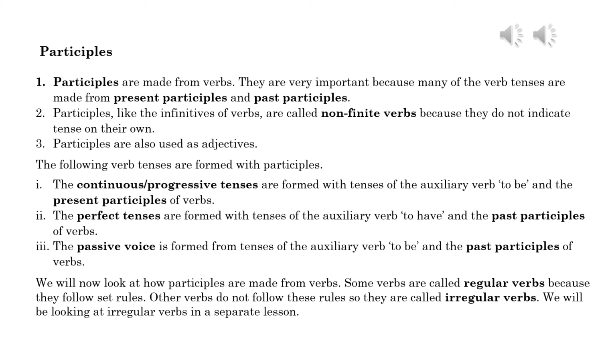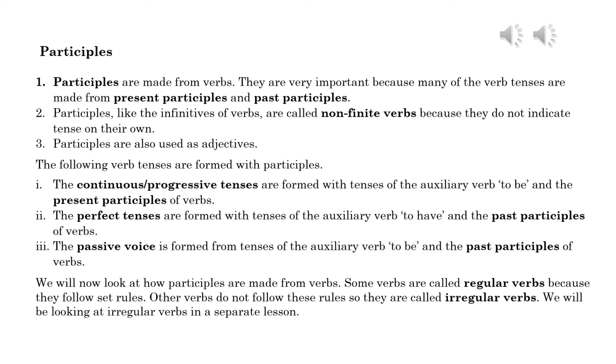The following verb tenses are formed with participles. 1. The continuous or progressive tenses are formed with tenses of the auxiliary verb to be and the present participles of verbs. 2.